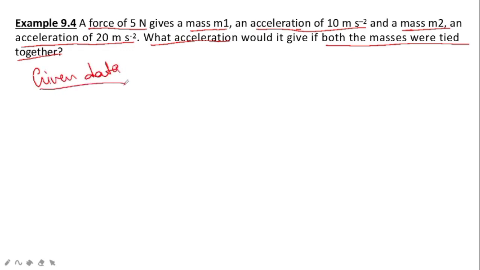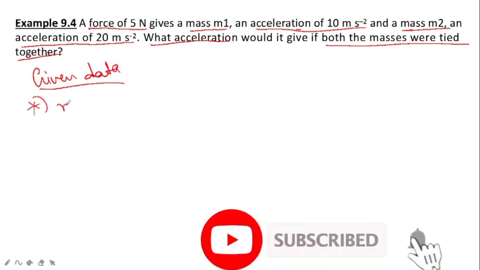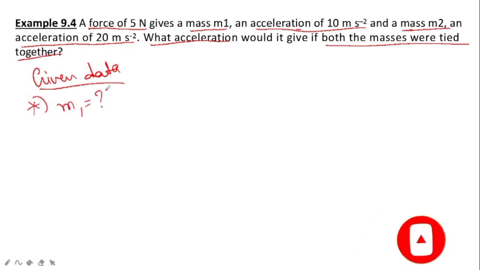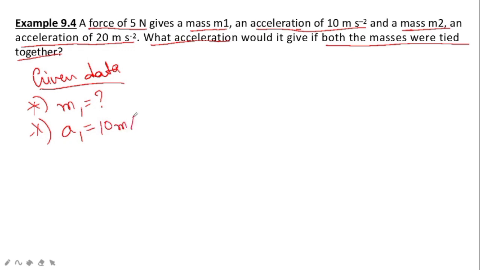So now we will take the first object, that is mass m1. So m1 is equal to question mark because we don't know that. Then second data is an acceleration. Since it is related to the mass m1, we will take it as a1 is equal to 10 meter per second square. Clear? Then the mass m2. So m2 is equal to question mark because we don't know that also.